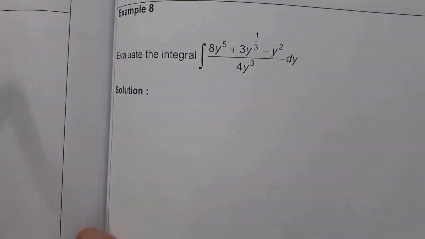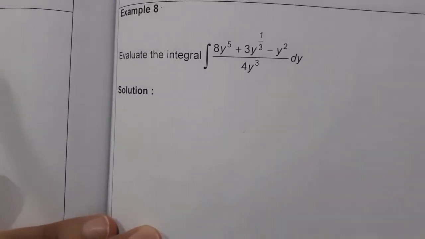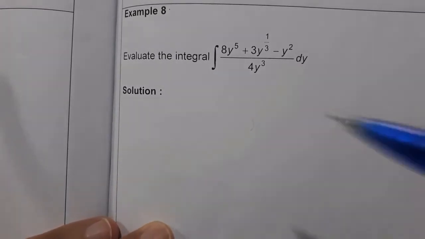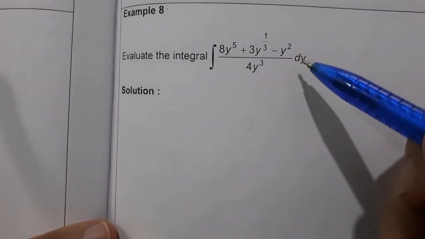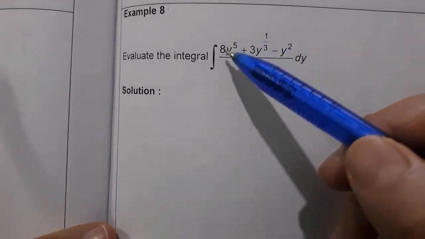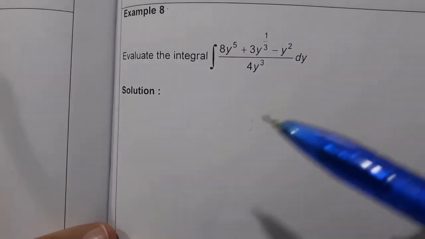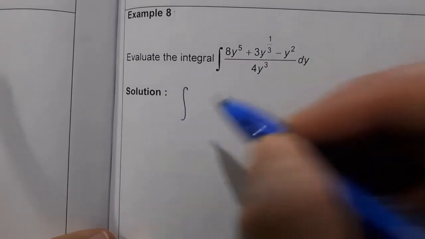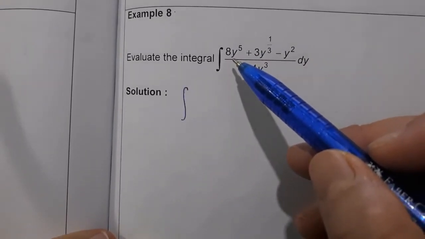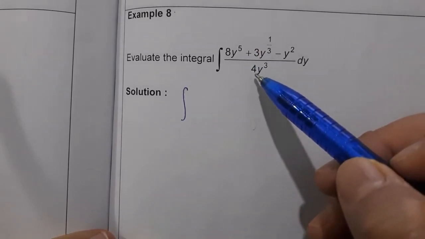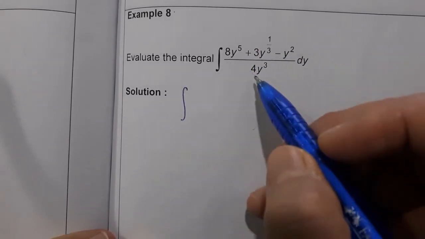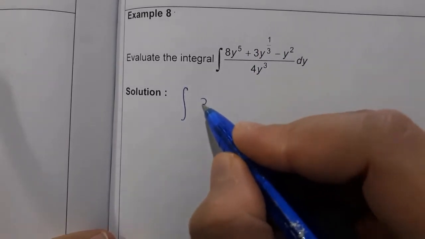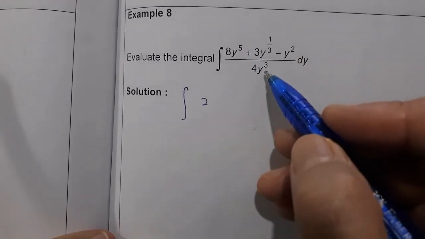Okay, example 8. We want to evaluate the integral in terms of y. So first step, we must separate the equation into term by term. First term, 8y^5 over 4y cubed. So 8 over 4 we get 2. y^5 over y cubed.